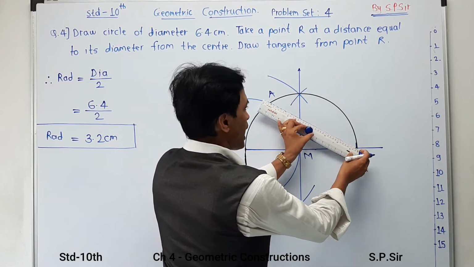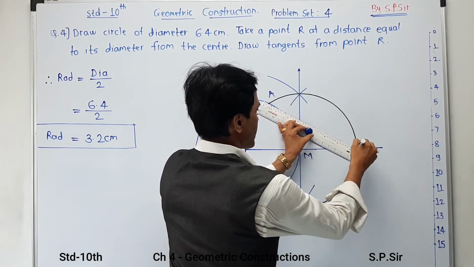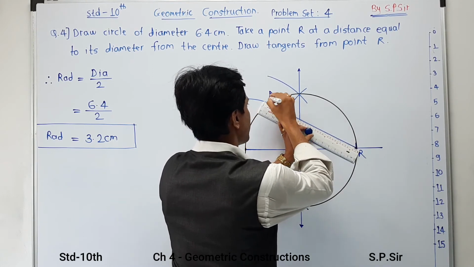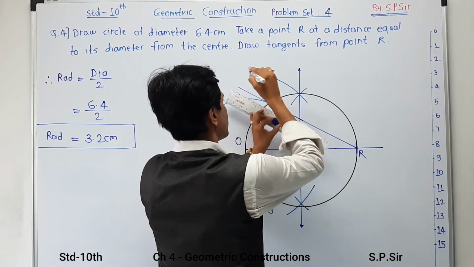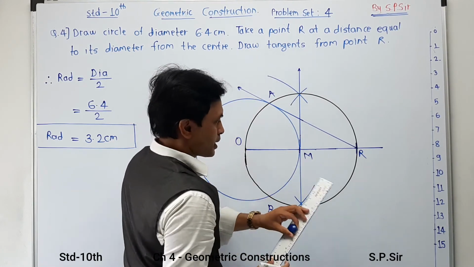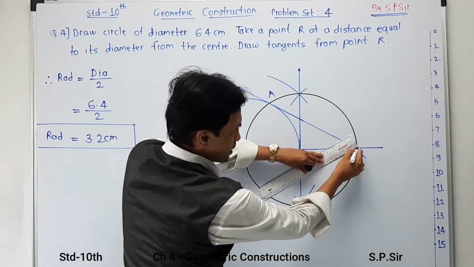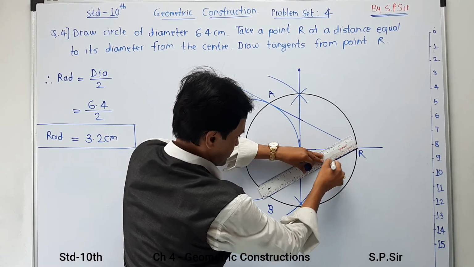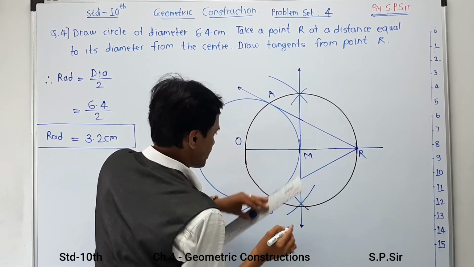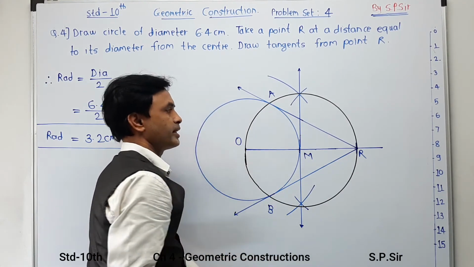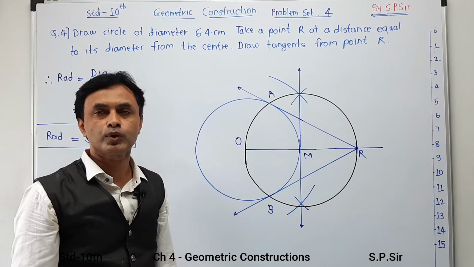Now please join RA and extend up to some part. Join RB and extend up to some part, and in this way logically you are getting two tangents.